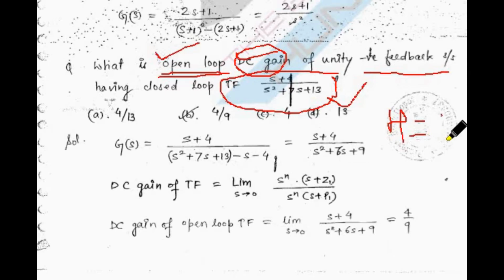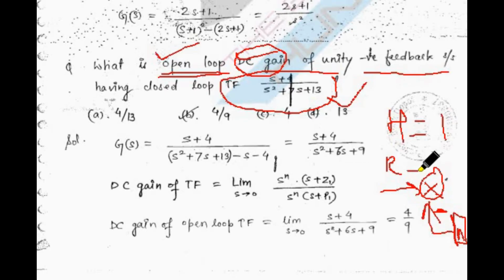At the summing point, r of s is the input, and you get h of s, with negative feedback at the minus and plus at the other input. In the first lecture I told that negative feedback is much more stable with respect to positive feedback. That is a theoretical part. Now we'll move towards the particular answer.